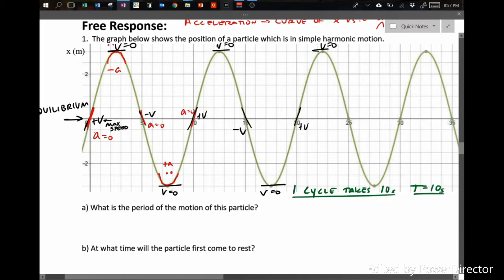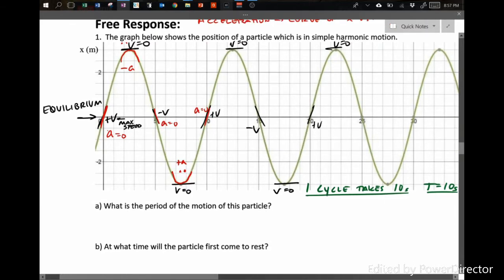Straight line again, so the acceleration is 0. Which makes sense. At equilibrium, the net force is equal to 0 and the acceleration is equal to 0. And at our maximum displacement, the acceleration is a maximum value. We wouldn't expect it to be 0 right then.